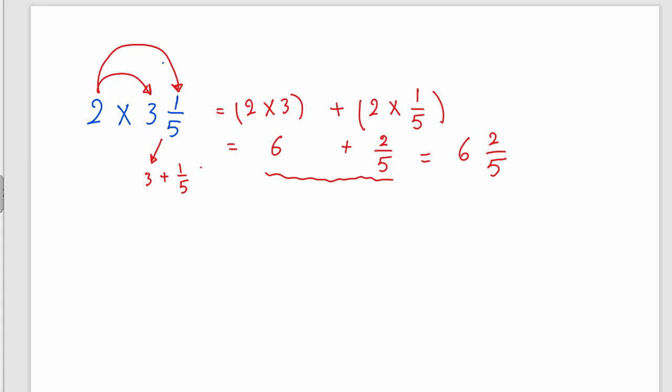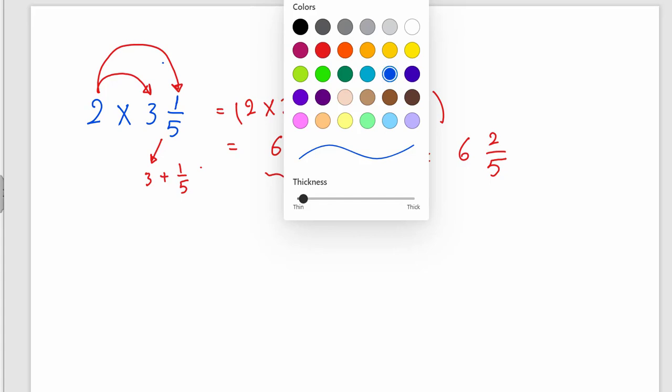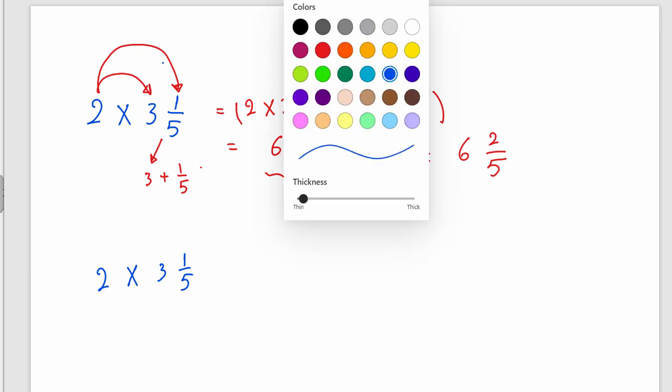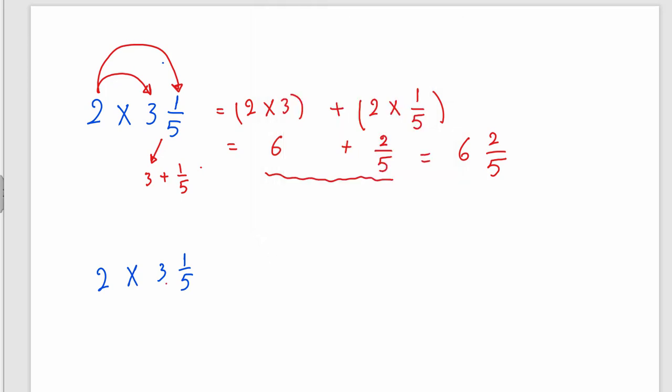The second way. I will write it again here, 2 times 3 and 1/5, the same question. And this time, I will rewrite the 3 and 1/5 as a fraction. Times down, plus up, and use the same denominator.